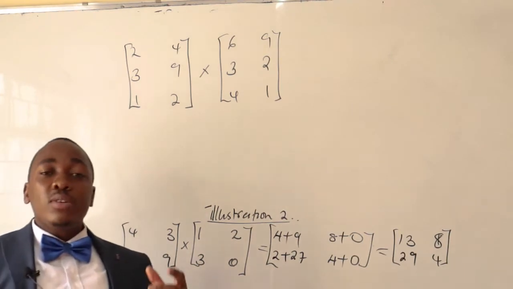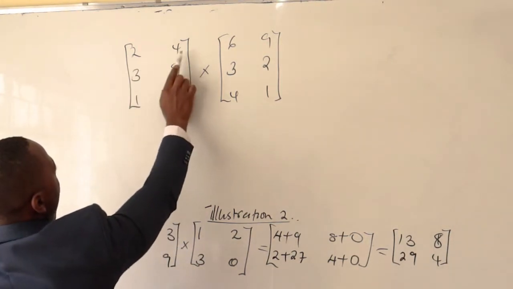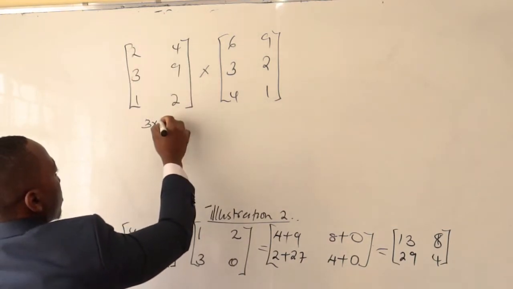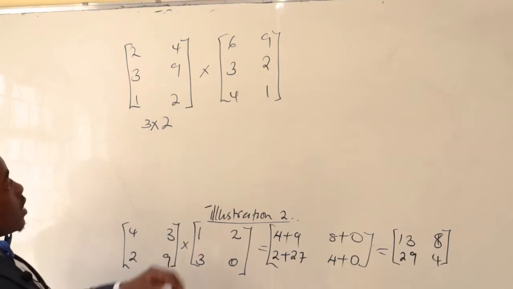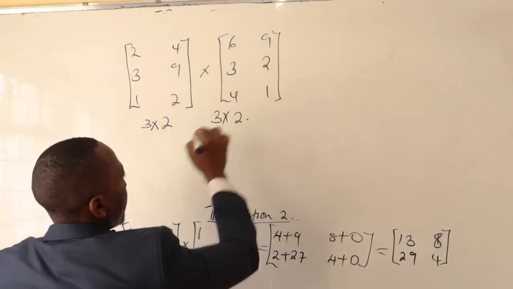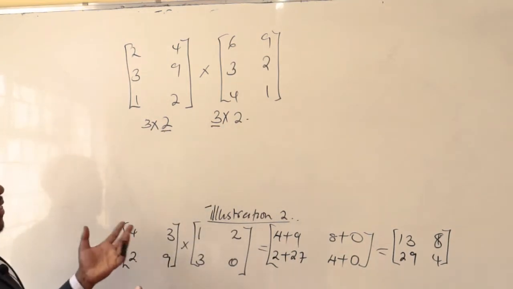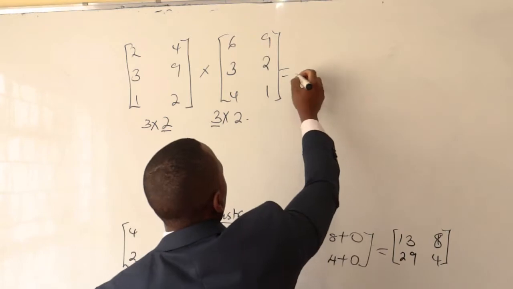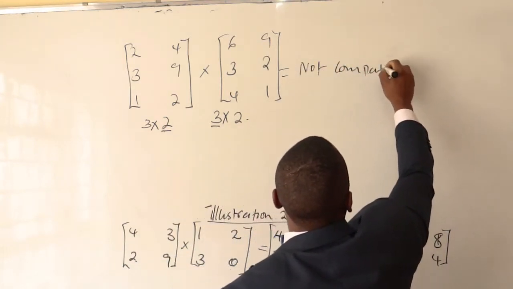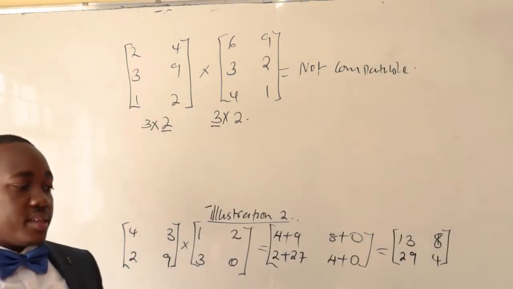Step number 1, you test for compatibility. This one has rows 1, 2, 3 and columns 1, 2, so it's a 3 by 2. The second one is also a 3 by 2 matrix. You look at 2 and 3, and you see they are not compatible. So the solution is that it's not compatible, as simple as that.